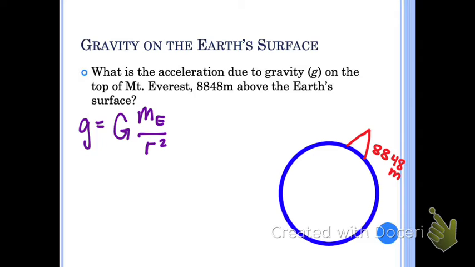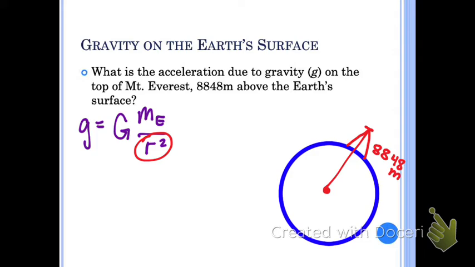When we solve our problem, what do we want that radius to be? What does it have to be, the distance from what to what? Good, exactly. From our object, so from the peak of our mountain to the center of the Earth. So all the way to the center of the Earth it has to go.